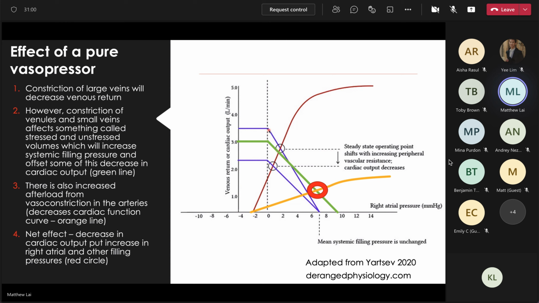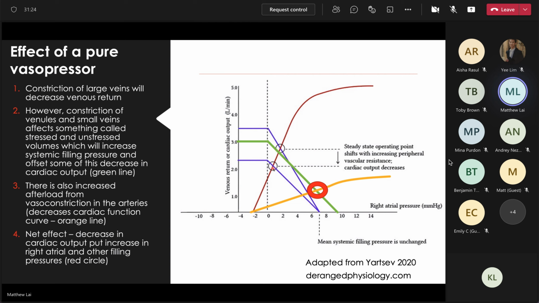So step one, you administer your vasopressor, you're going to get constriction of large veins, and this decreases venous return. So we get this decrease in gradient here, which we remember from the other slide. However, what also happens is you get constriction of venules and small veins.